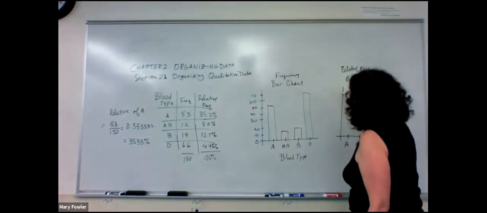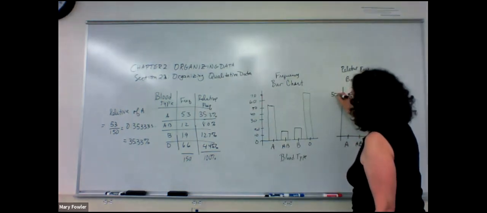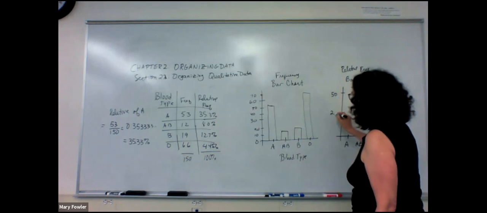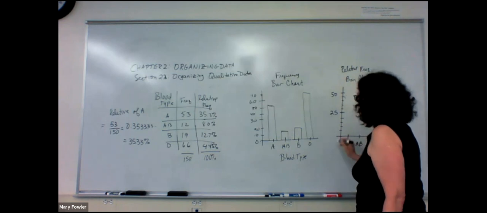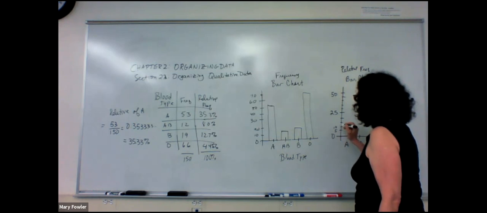So we're going to take this highest point at 50, and then in the middle we have 0, and that's 5, 10. These are all percents. I'm not going to fill in all of them. That's enough.